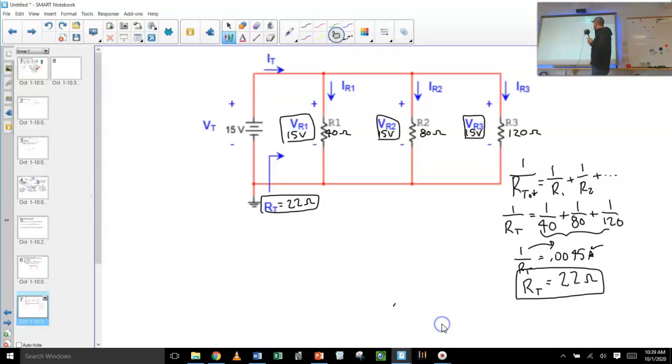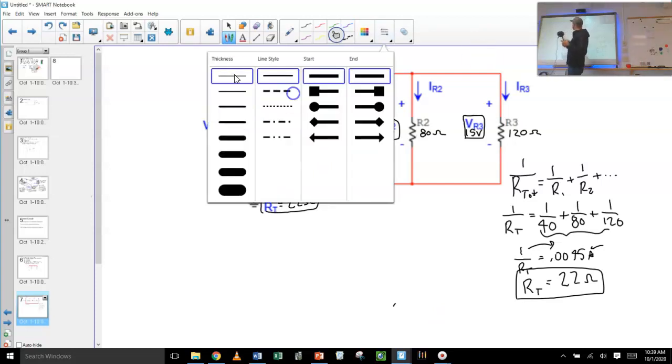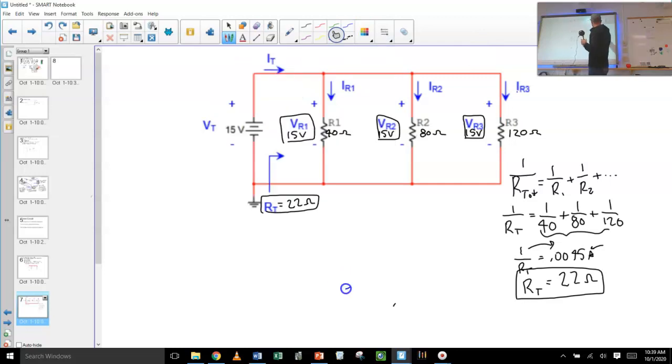Last part, we're going to try to figure out how much electricity is flowing through each of these branches. So I'm going to find IR3, the current through R1, and the current through resistor 2. I'm going to use Ohm's law again. V equals IR. So if I want to find the current flowing through resistor 1, I have to use the resistance of resistor 1 and the voltage of resistor 1.